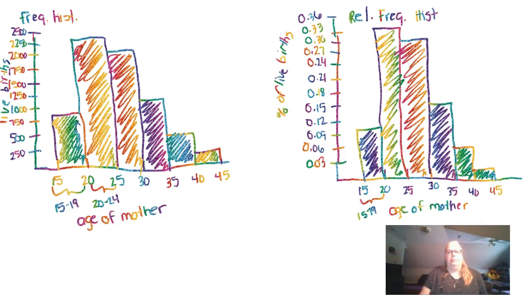They should look fairly similar to one another. And they kind of do. I think the relative frequency looks a little more dramatic, but it's because of the way that we've scaled our y-axis here. Now, when you do these in the lab, you're going to do them in Excel.